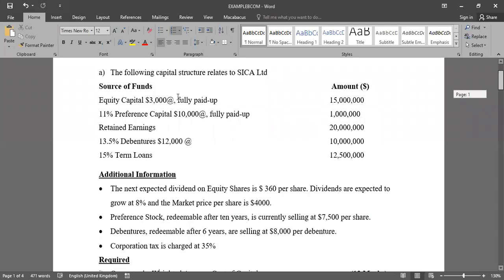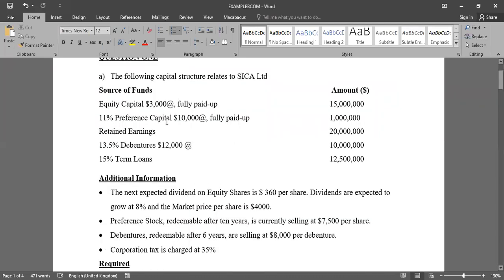They say 11% preference capital, $10,000 each, fully paid is 1M. This statement has two things. One, it has the rate at which they pay dividends on preference shares, and also the par value, the value per single preference share of 10,000.